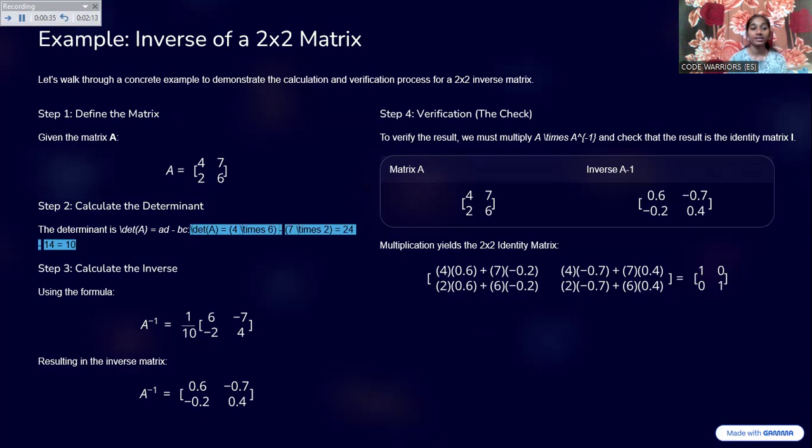Third step, calculate the inverse using the formula A^-1 = 1/det A times the adjusted matrix. The resulting inverse matrix is shown here.